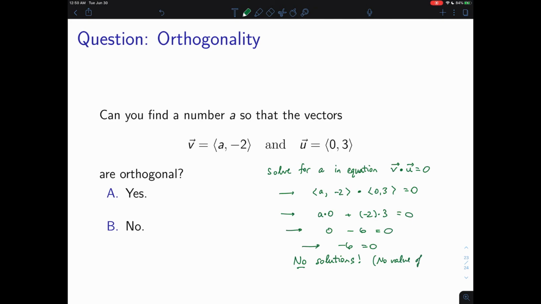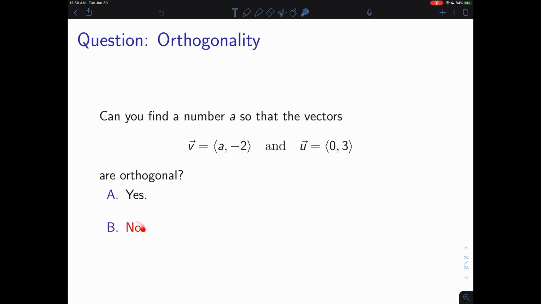There's no value of a that makes this work. So, what does that mean in terms of our original question? That means no, we cannot find a number a that makes these orthogonal. And there you have it.